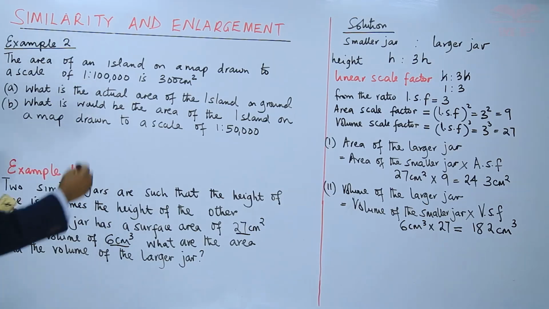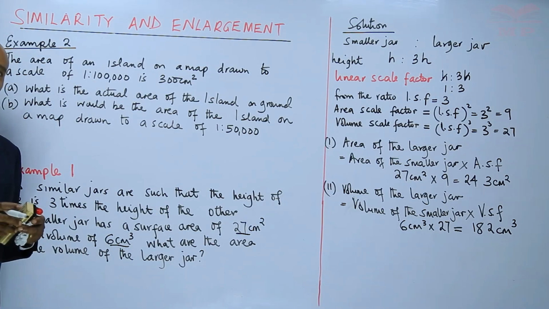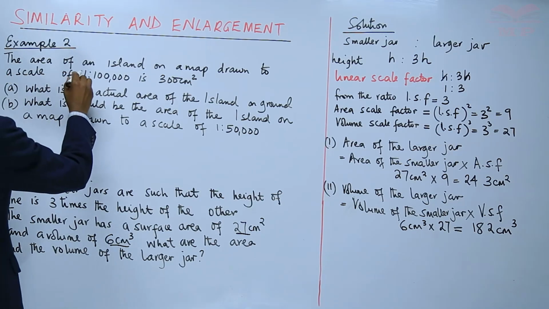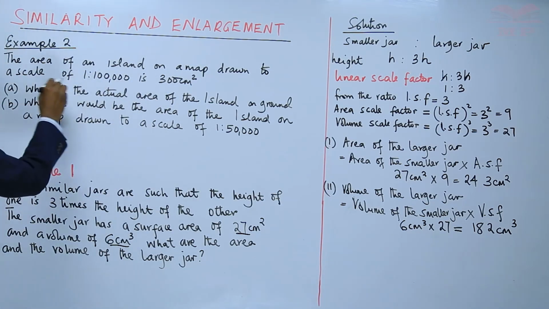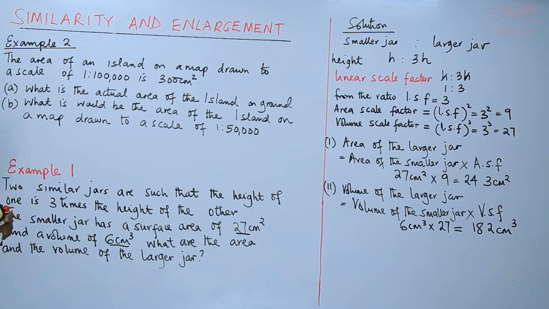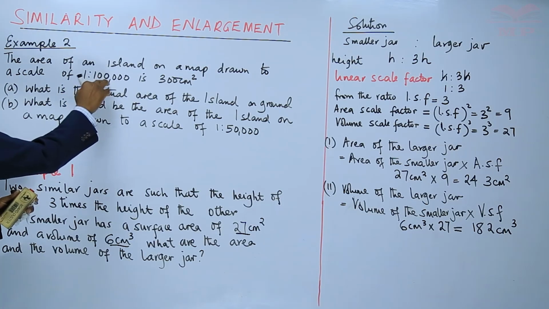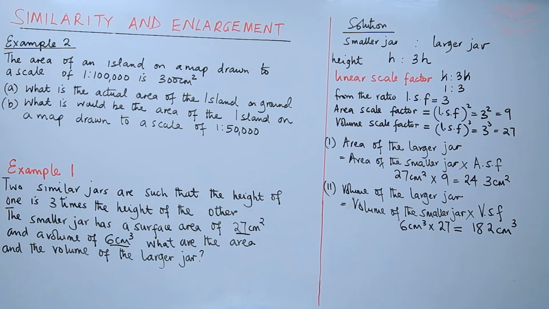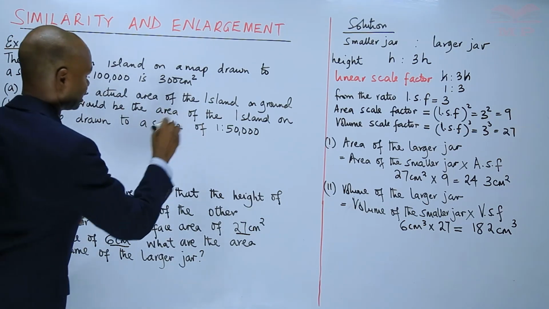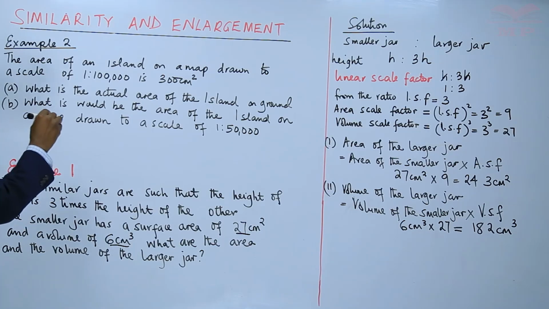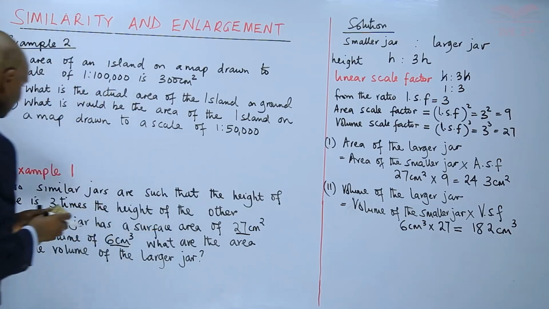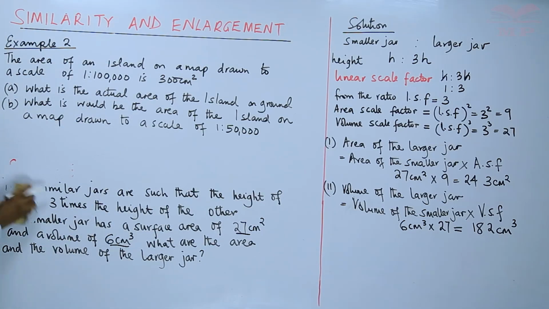The area of an island on a map drawn to a scale of 1:100,000, where 1 unit on the map represents 100,000 units on ground, is 300 square centimeters on the map. What is the actual area of the island on ground? These are the applications I was talking about initially in the past lessons. So we move to the solutions.